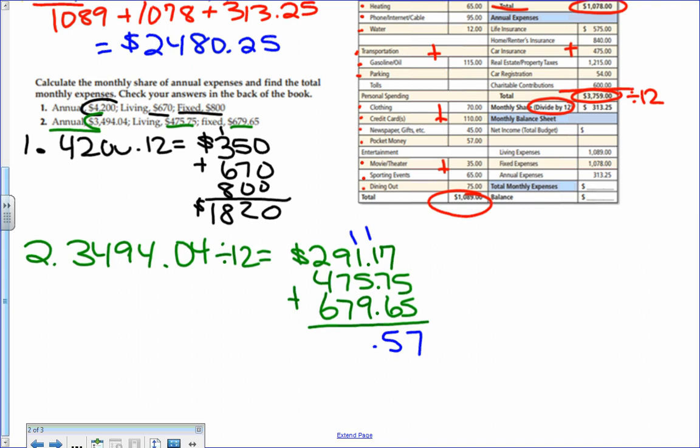Carry the 1, 6, 7, 16, 17, and 7 is 24. 2, 4, 4 is 8, 8, and 6 is 14. $1,446.57 per month.